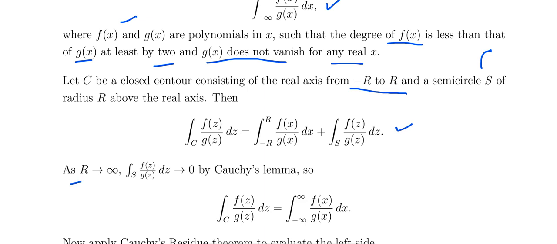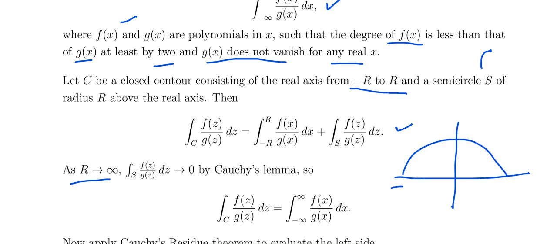When r approaches infinity, this is the semicircular region, and that is minus r to r. When r approaches infinity, the integral over the curve, this is called the curve, is s.